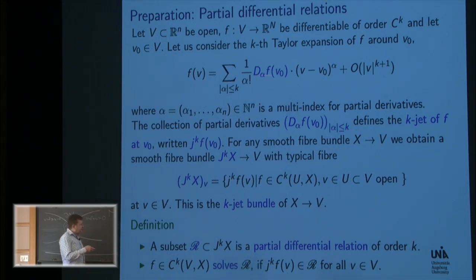And using that information, we can define a k-jet bundle whose typical fiber over a point v is all possible k-jets of sections in that bundle near little v. So that's the k-jet bundle. And then we talk about partial differential relations of order k. These are just subsets of the total space of this k-jet bundle. We say a section solves this relation if the k-jet of this section lies in the relation.